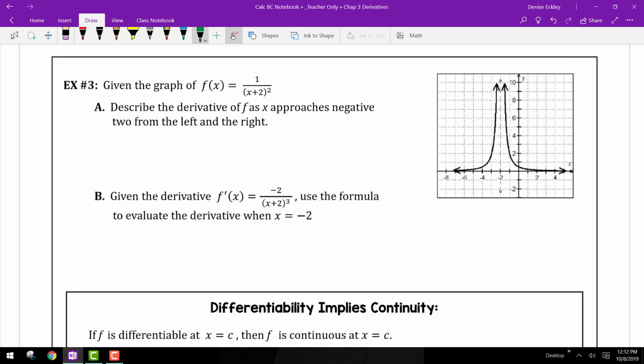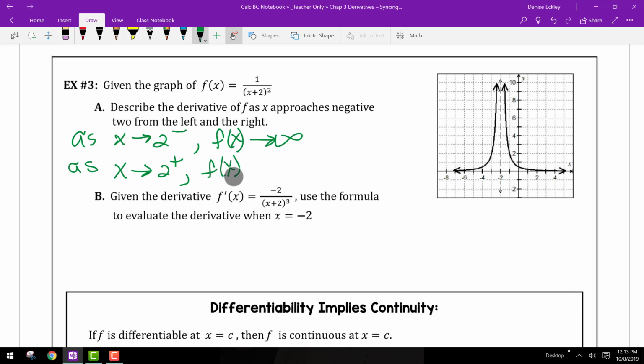So we can say as x approaches -2 from the left, f of x is approaching infinity, and as x approaches -2 from the right, f of x is approaching infinity, and we can see that from the left and from the right.